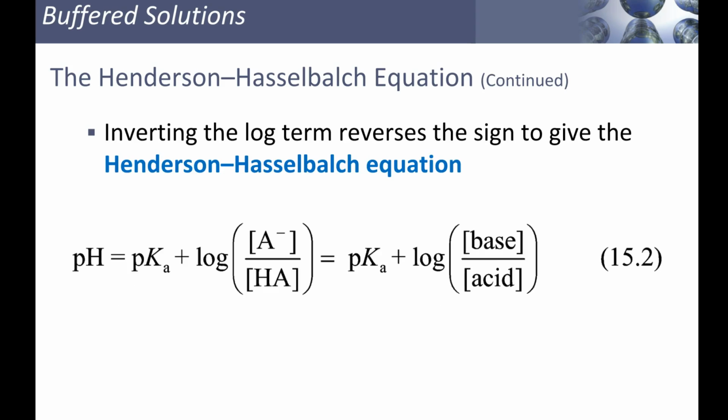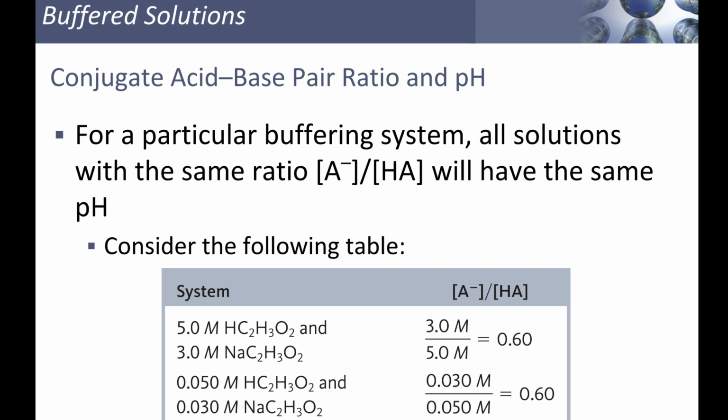So in order to find the pH of a buffered solution where you have both an acid and its conjugate base, you're really getting the pKa, which is the negative log of your Ka, and then you just need the concentration of your base and your acid. Once you have that, you can find pH, and we'll see how that works.